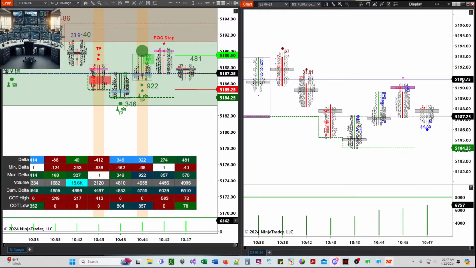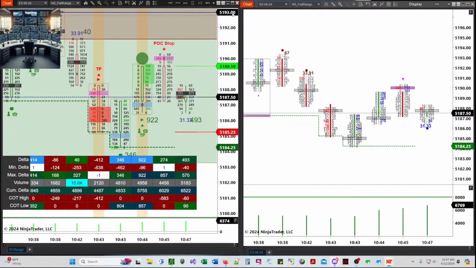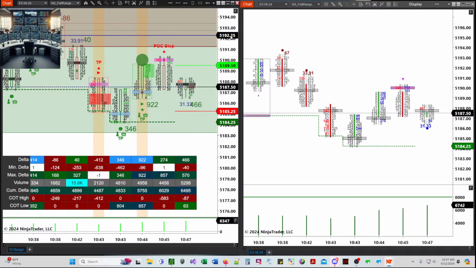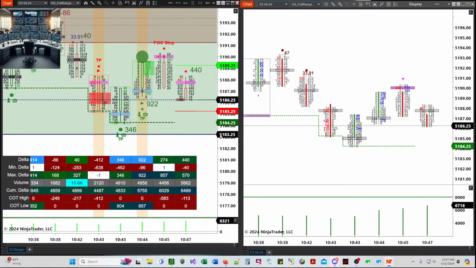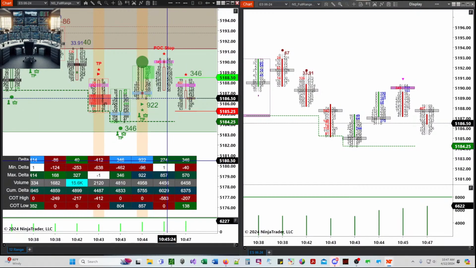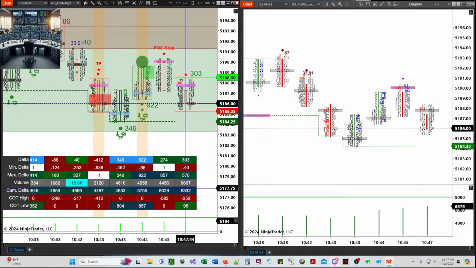Delta has gone above the moving average. So a short trade would not be ideal right about now. Not for me anyway. Bar is falling.